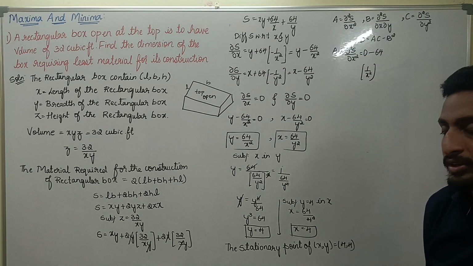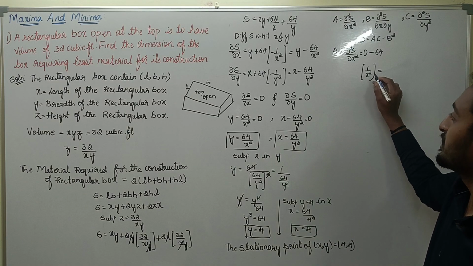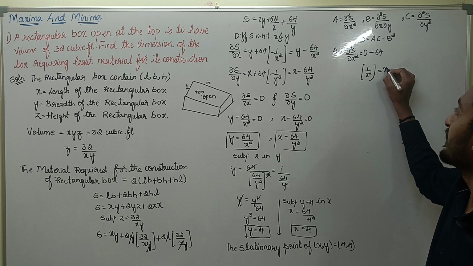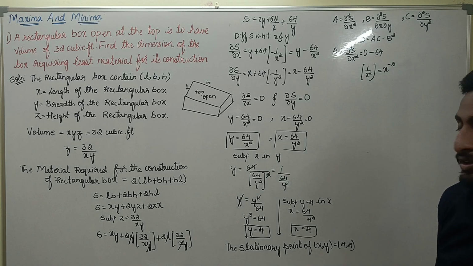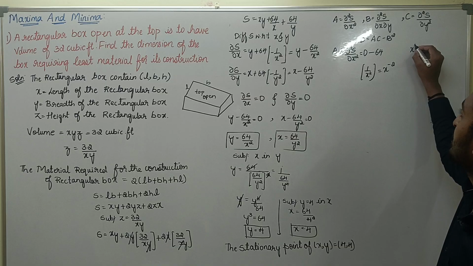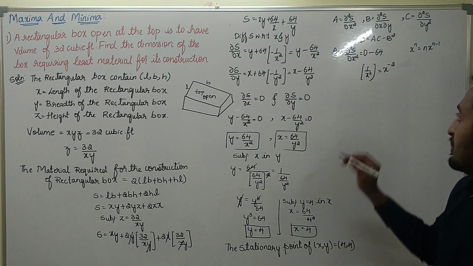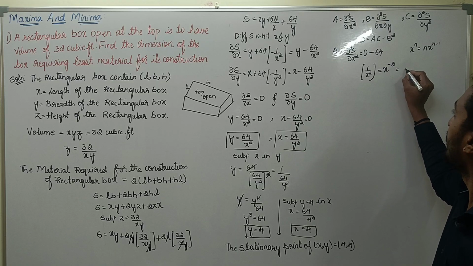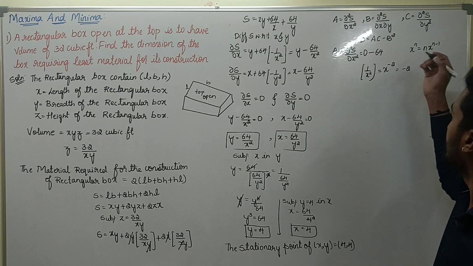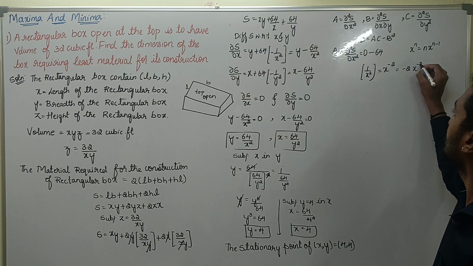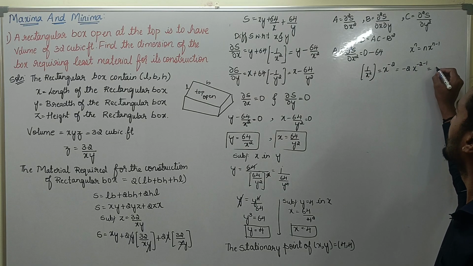How do we differentiate 1 by x squared? Let us represent 1 by x squared as x power of minus 2. We know that differentiation of x power n is n into x power of n minus 1. Here n is minus 2, so we have minus 2 into x power of minus 2 minus 1, which is minus 2 x power of minus 3.